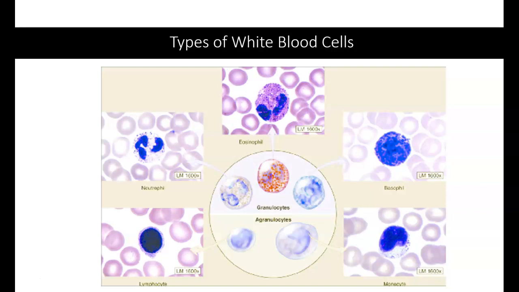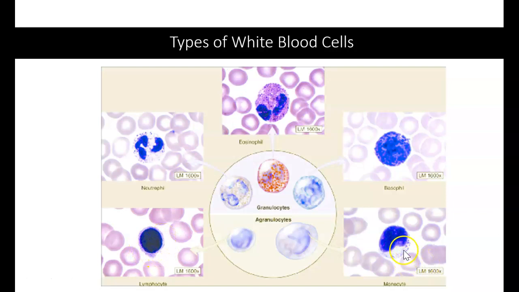Their job is to create antibodies to fight against bacteria, viruses, and other potentially harmful invaders. They are about the same size as a red blood cell with a very, very dark nucleus. So you see just a tiny halo here of cytoplasm.